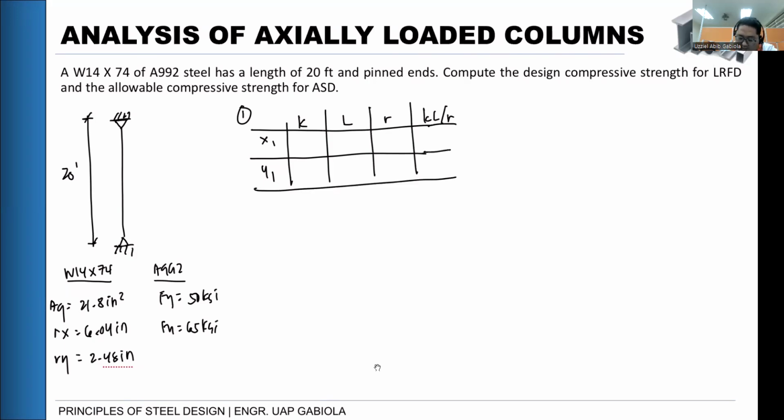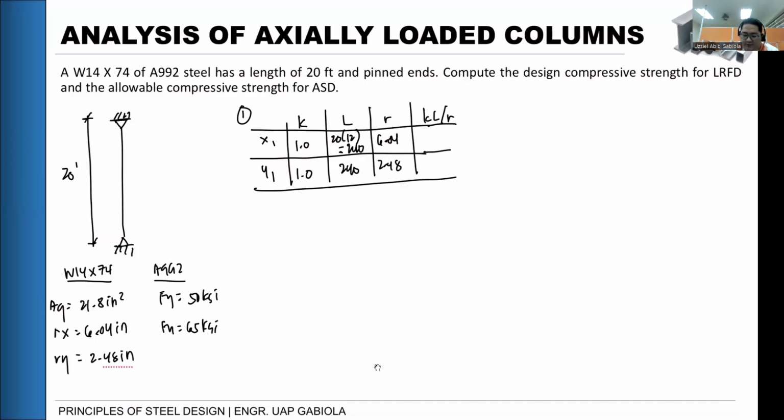Okay? So, ang K natin, since pin connected o pin ended parehas, 1.0. And then parehas 20 feet yung L natin. So 20 times 12. That is 240, ano? 240. And then we have 6.04 and 2.48. Okay?